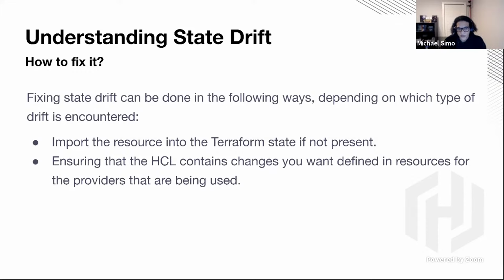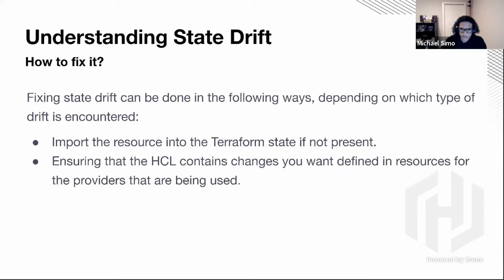Also, you can ensure that the HCL contains the changes that you want to define in resources. This will overwrite or modify an existing resource in the cloud. So if you have that EC2 instance that you've imported, and now you want to change the tags or associate a new IP address with the instance, you can just define that in HCL and do a Terraform apply.